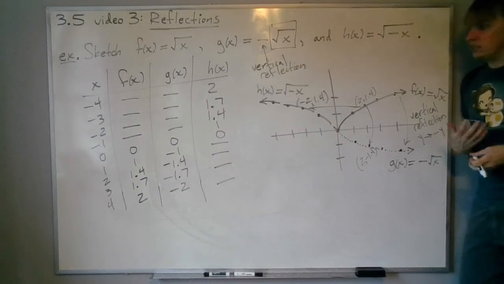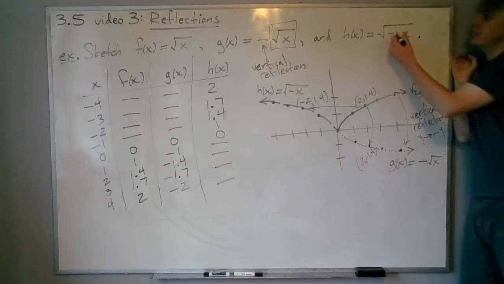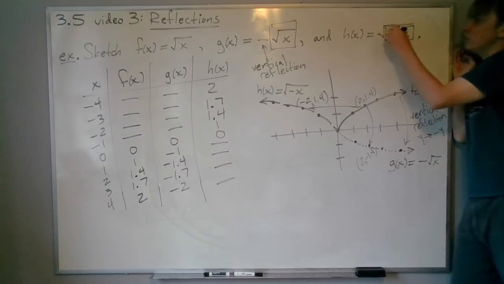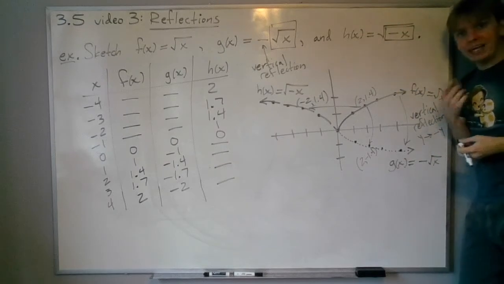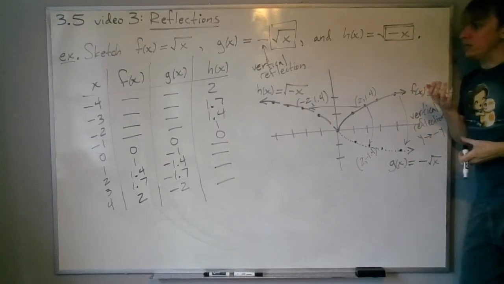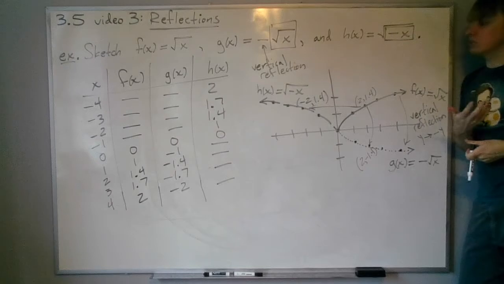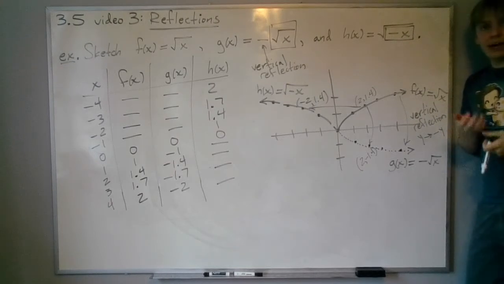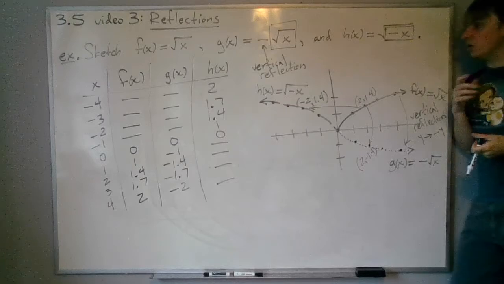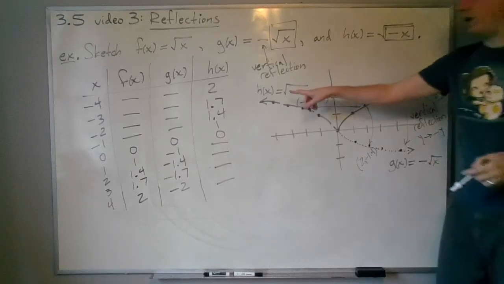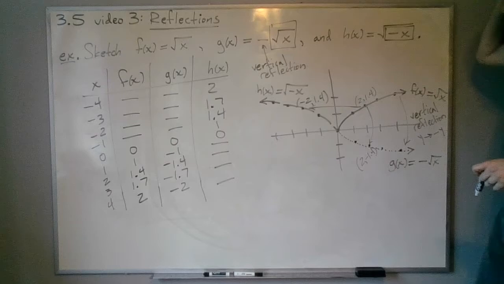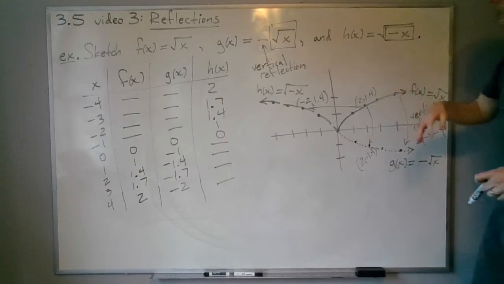Something's going to change signs, but this time the negative is inside the function. It's inside the square root, which means I'm changing my input before I actually use the function. And if I'm changing my input ahead of time, that means I'm changing my x. And so in this case, h of x is going to be a horizontal reflection.